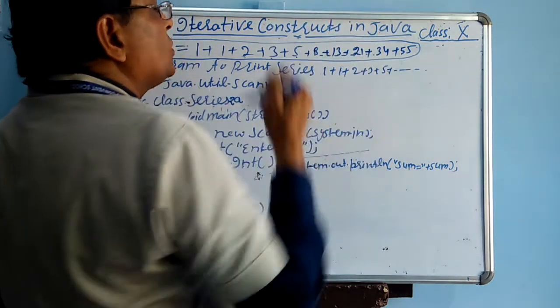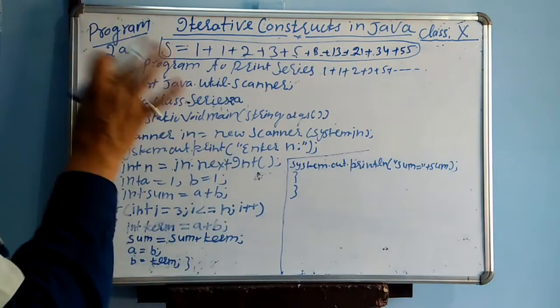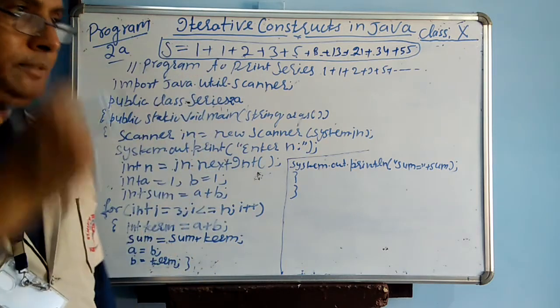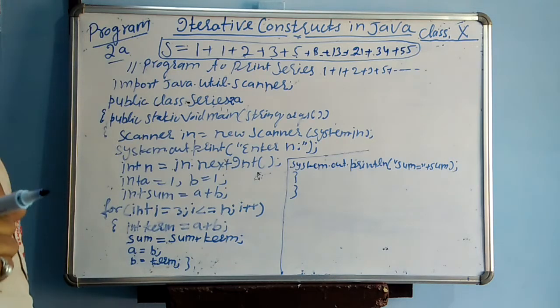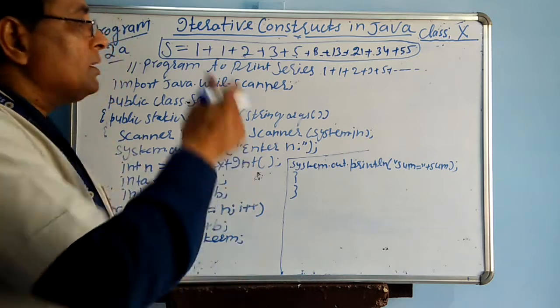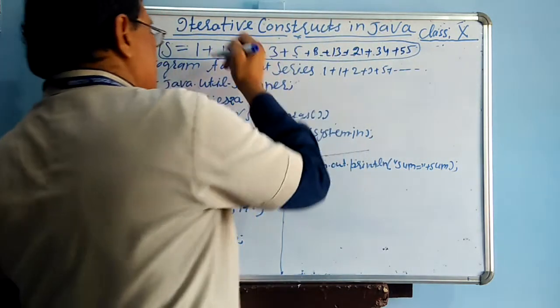Like this you can make the series. This is the format of the series, meaning the last digits are added to make the next digit. And in the end, when you get the output, that output will display the sum of this series.